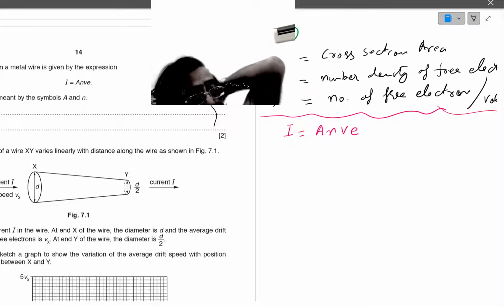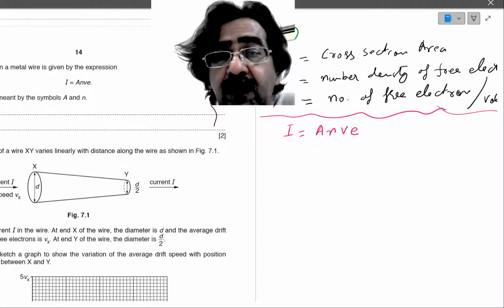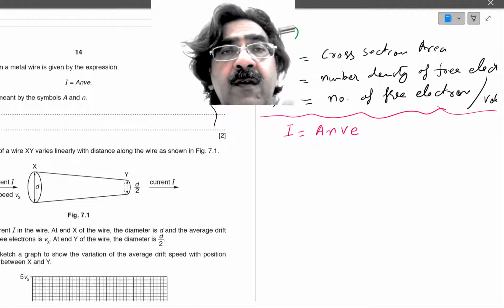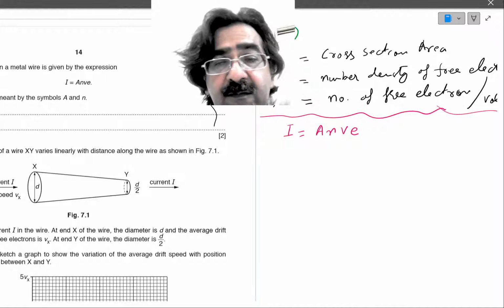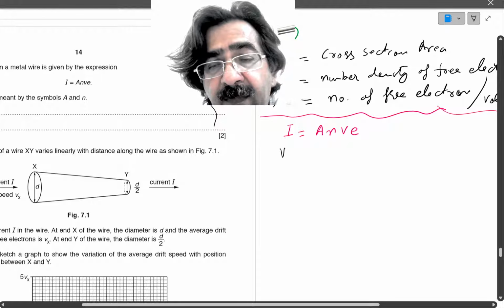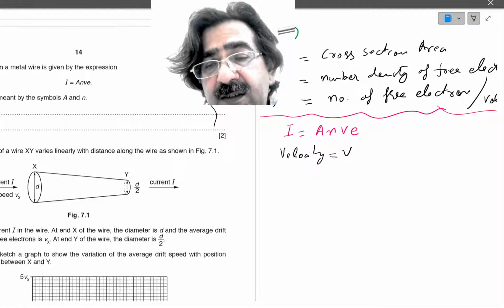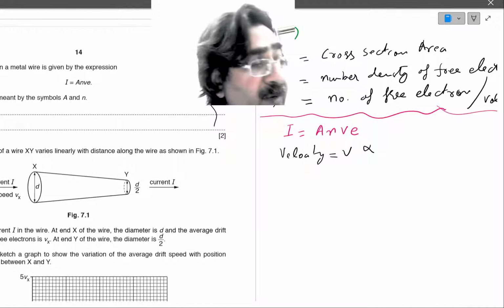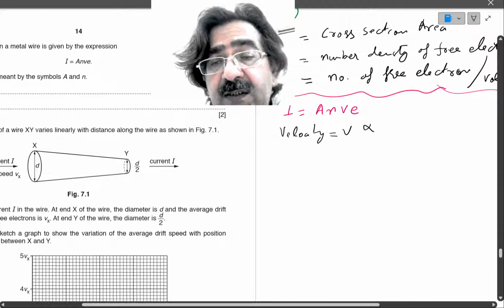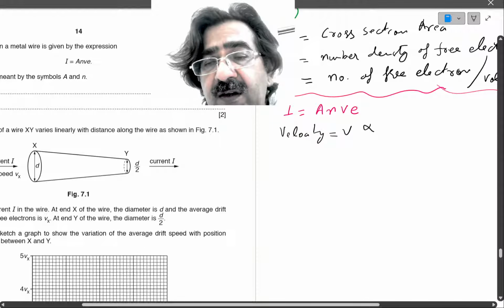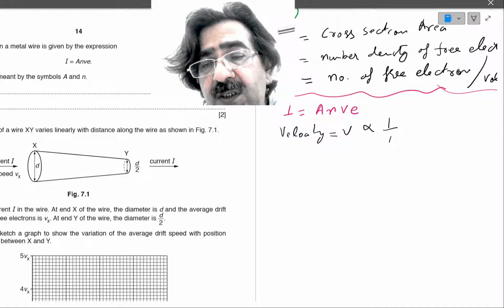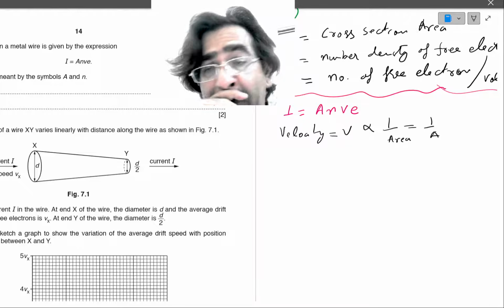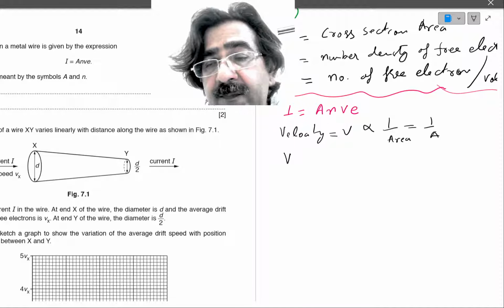So the velocity v is inversely proportional to the area, because all the remaining terms are constant. So v is inversely proportional to A, that is 1 by A.